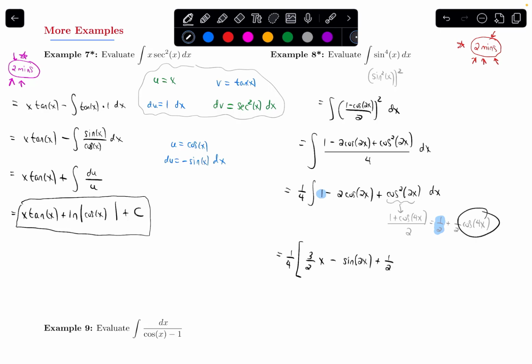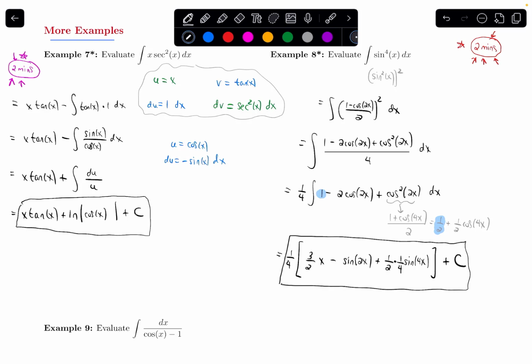The antiderivative of cosine of 4x, I know I'll have a sine of 4x because the antiderivative of cosine is sine. But I'll have to put a 1 over 4 in front because if I were to do the derivative of sine of 4x, I get cosine of 4x times the derivative of the inside, which pops out a 4. And I need this 1 over 4 in front to cancel that out. Okay, so I got my antiderivative, close the bracket. This is an indefinite integral, so I need a plus C at the end. And we got it.